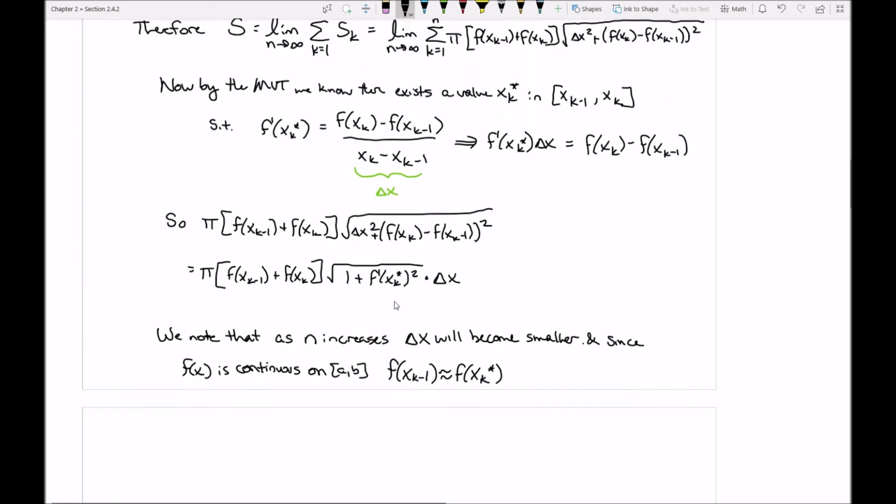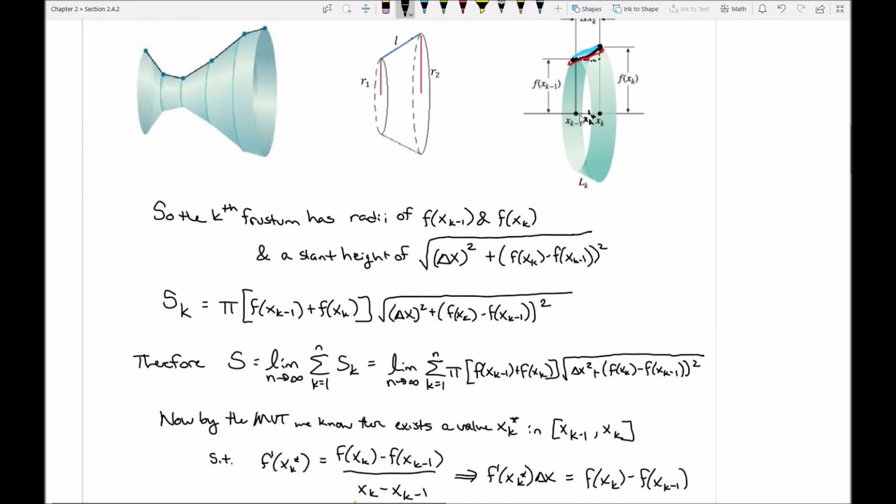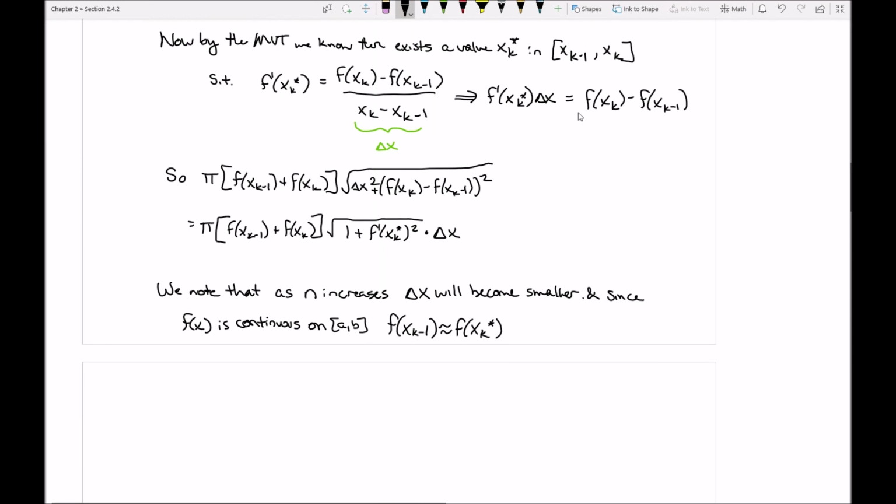Again, you can even go back and take a look at this in the picture. The y value over here is very close to the y value over there, and as I shrink the interval down, they're going to be even closer. So I have that these two values are almost the same, but I can also make the claim that f of xk is almost going to be the same as f of xk star.